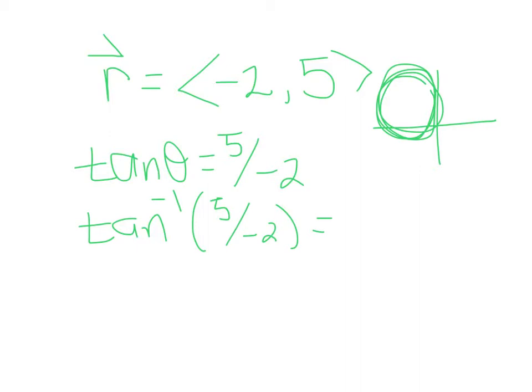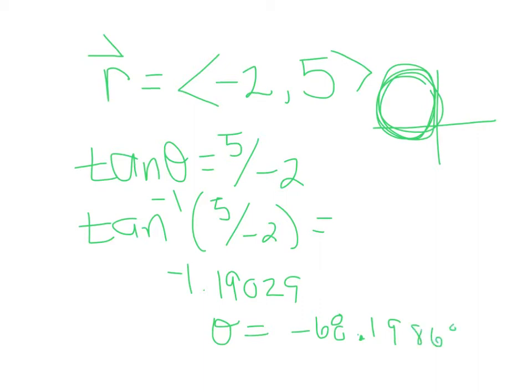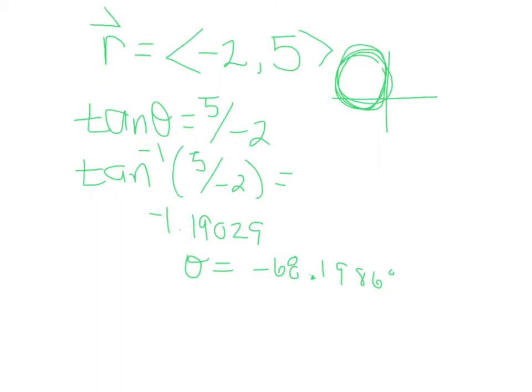And so if I type it, my radian should have been -1.19029. You should multiply by 180 and divide by pi. And so now you should be looking at a theta that is negative 68.1986 degrees.